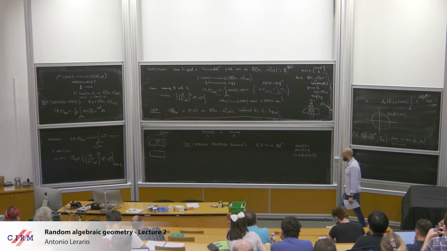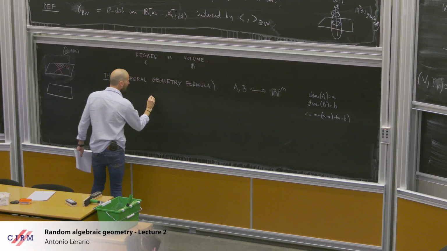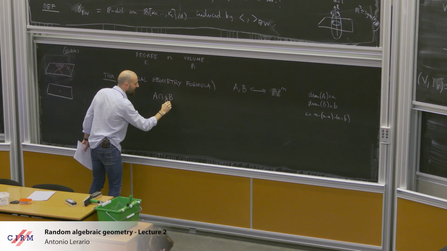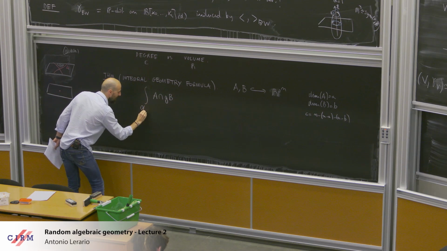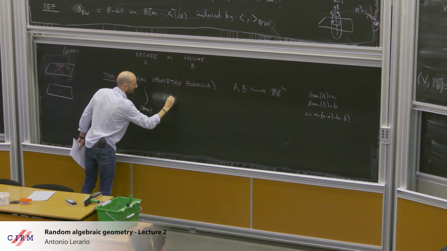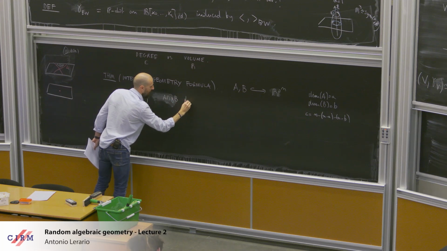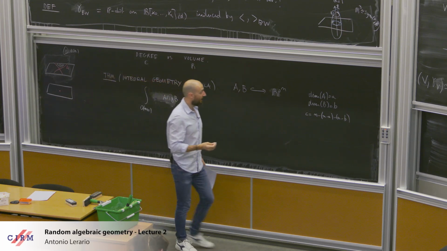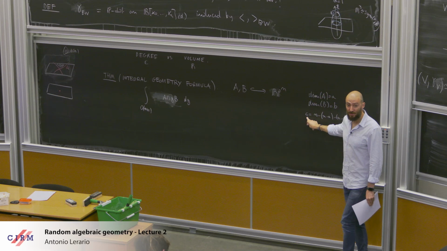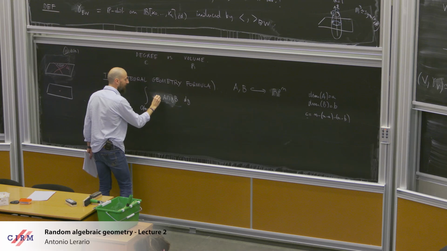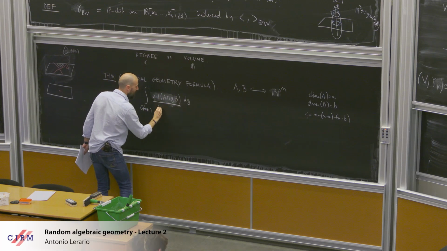Don't worry. Now we can do this game. I can take A and I can intersect it with gB, where g is an element of the orthogonal group. So now this intersection for most of the elements of the orthogonal group is going to have dimension c. So it's a manifold also. I'm going to take its volume and normalize it by the volume of the projective space of this dimension.